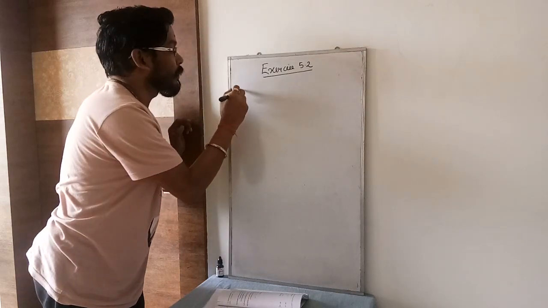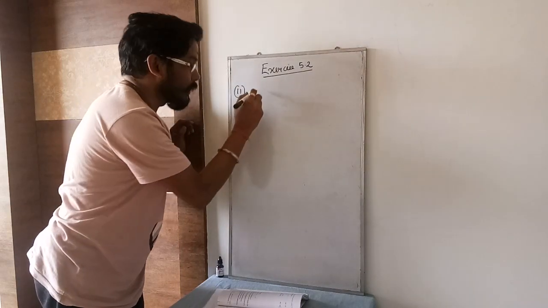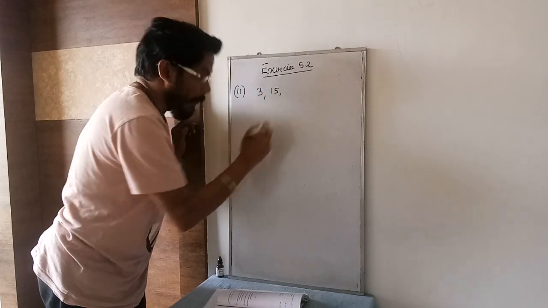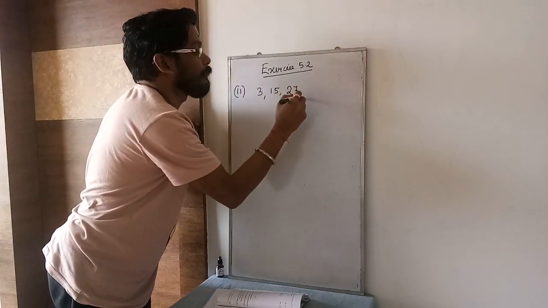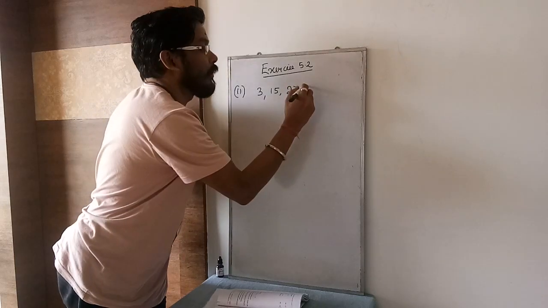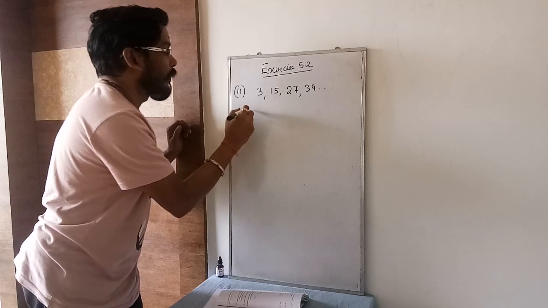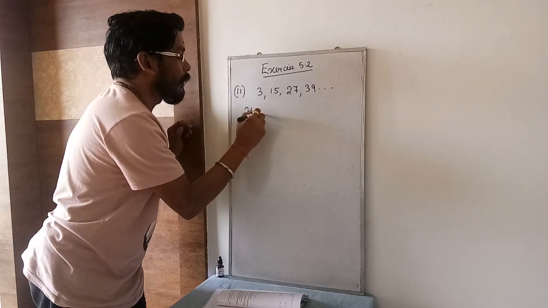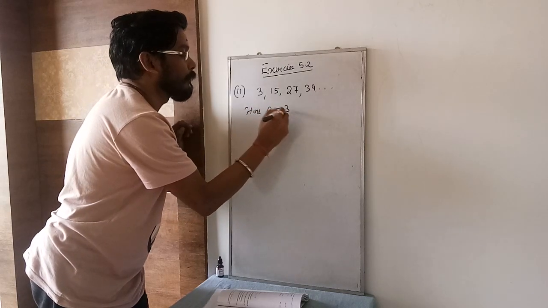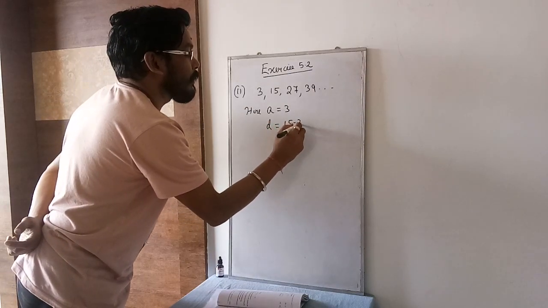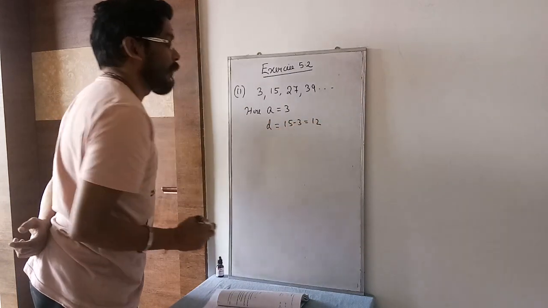The sequence is 3, 15, 27, 39, ... This is the given AP. So in this AP, a equal to 3, d equal to 15 minus 3, which is 12.